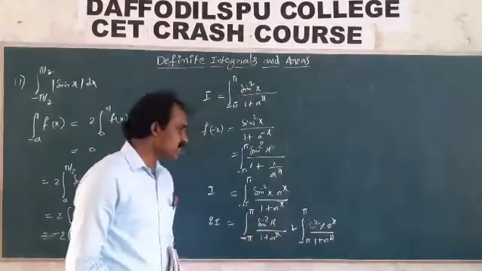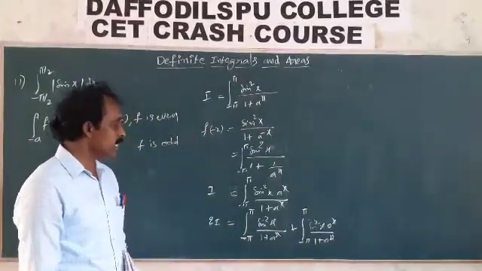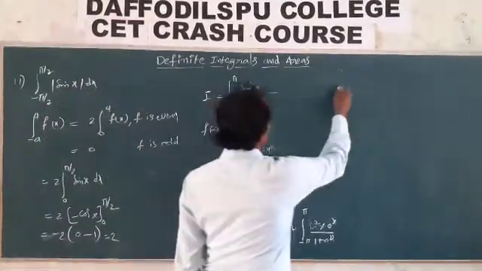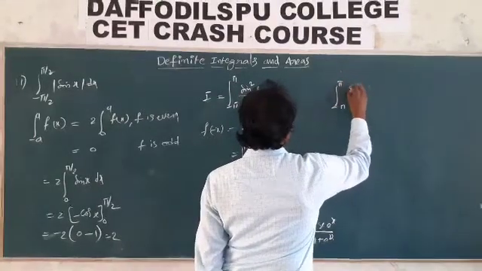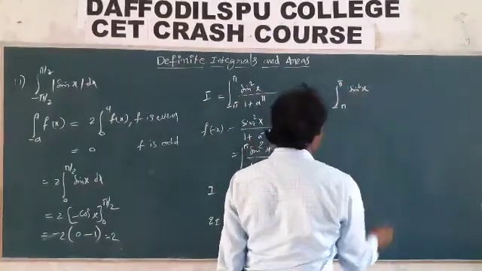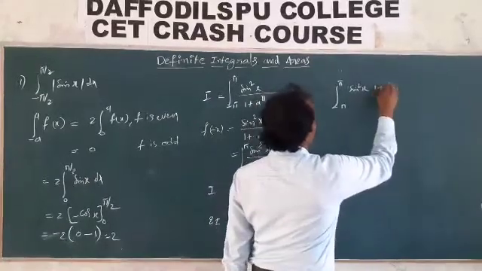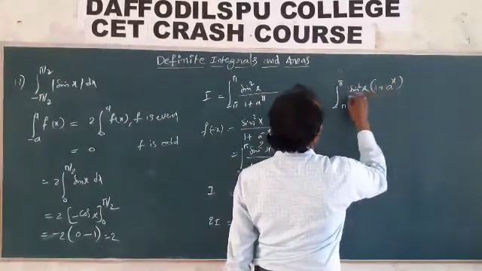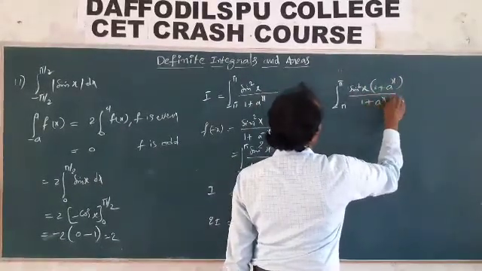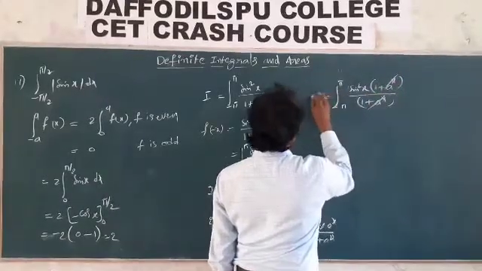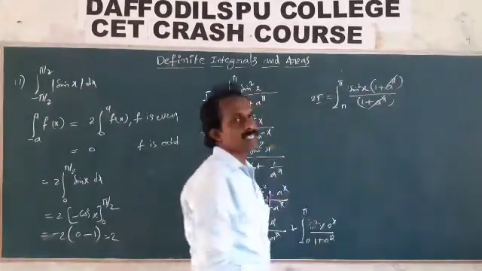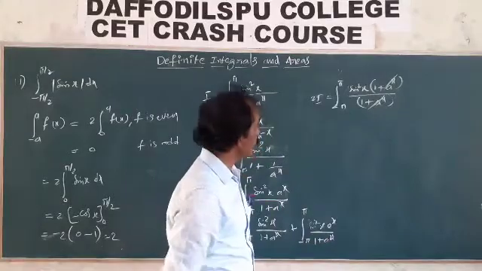So for this, taking sin square x common, we get minus pi to pi sin square x times 1 plus a power x divided by 1 plus a power x. So this value cancels.